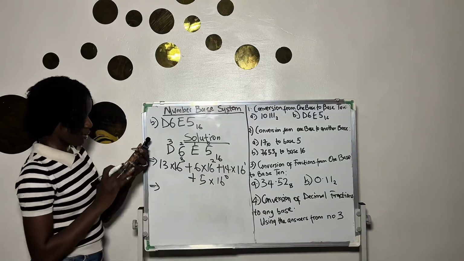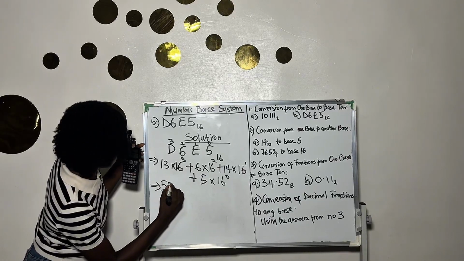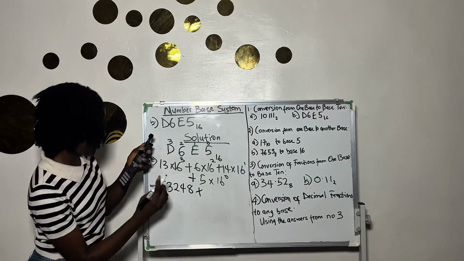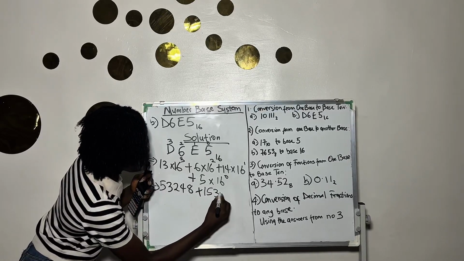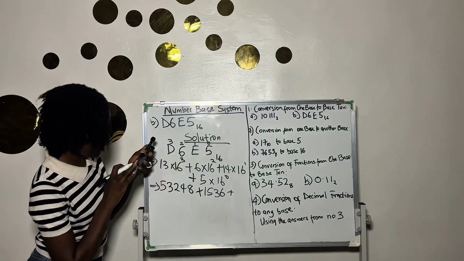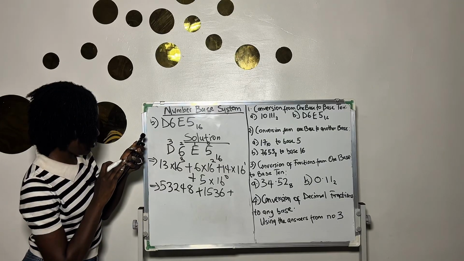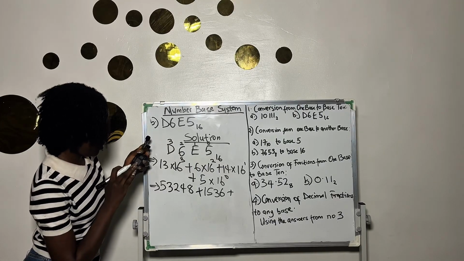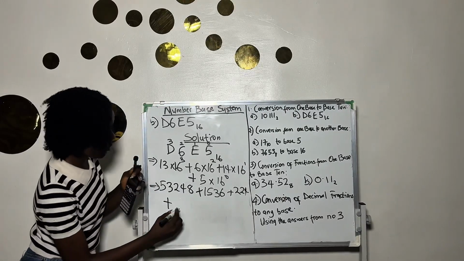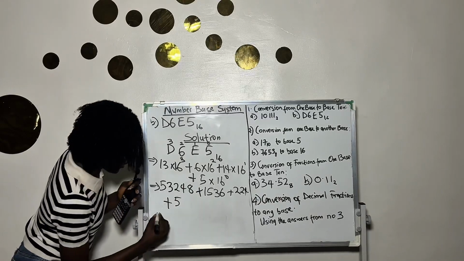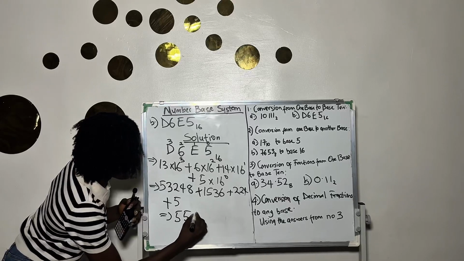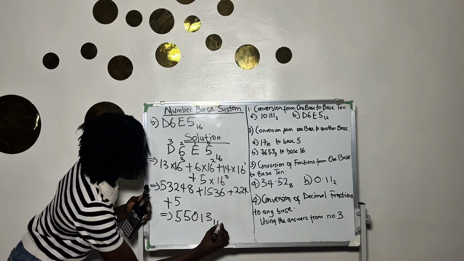And this will give us 53248 plus 1536 plus 224 plus 5, which in total is 55013 base 10.